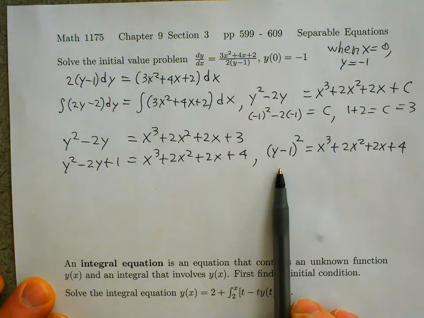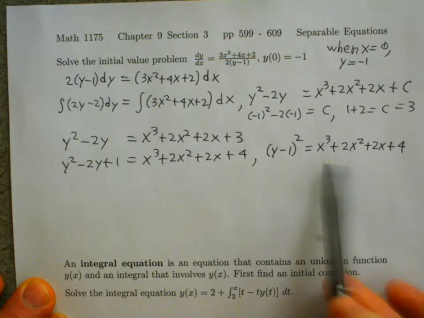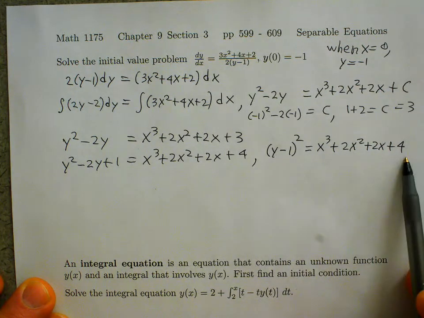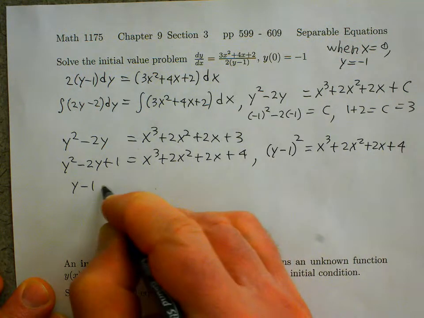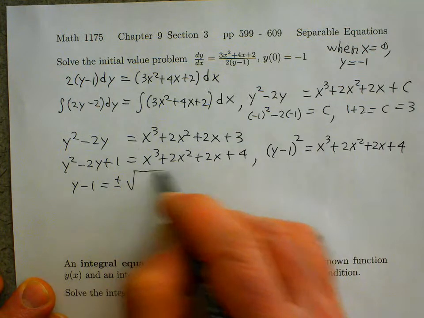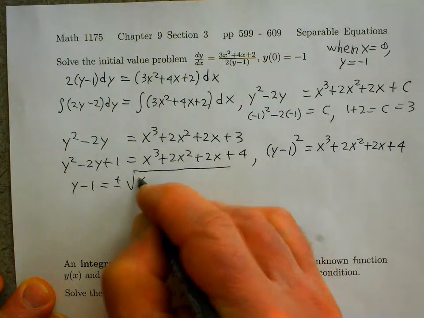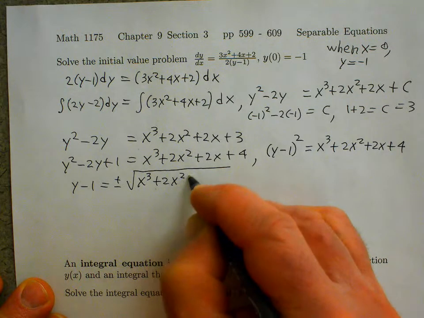And then we apply the square root property. If y minus 1 squared equals this polynomial, then y minus 1 equals positive or negative square root of that polynomial.